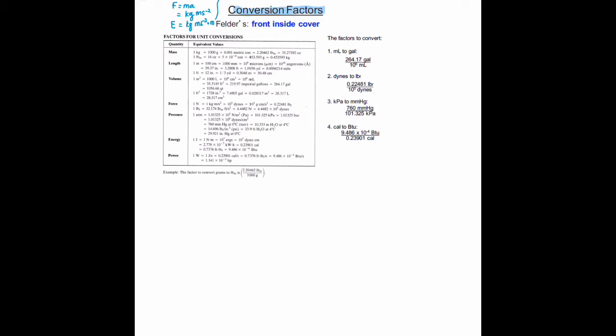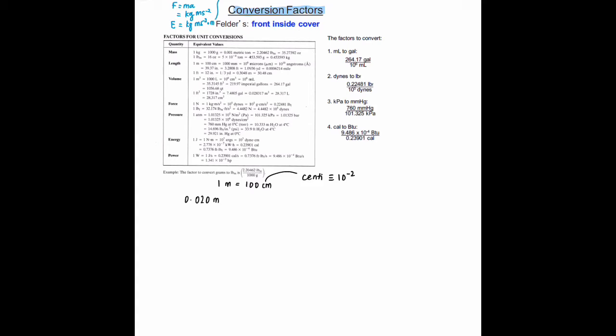I would want to convert 0.02 meters into centimeters. So how am I going to do that? I know that 1 meter equals 100 cm, and this is because another way I can represent it is that centi is equivalent to 10 to the power of negative 2.